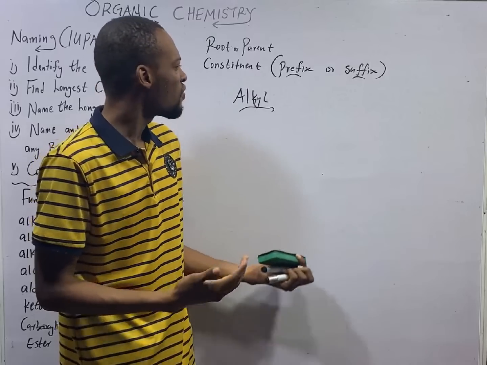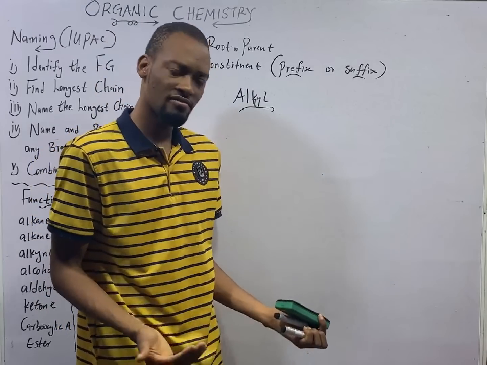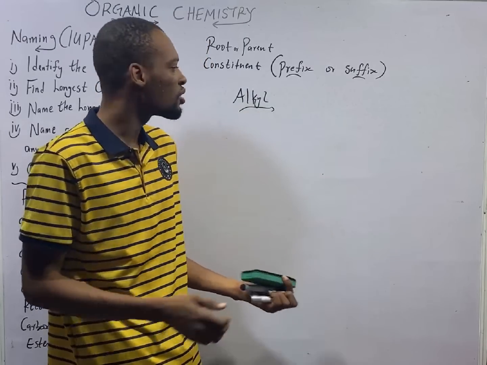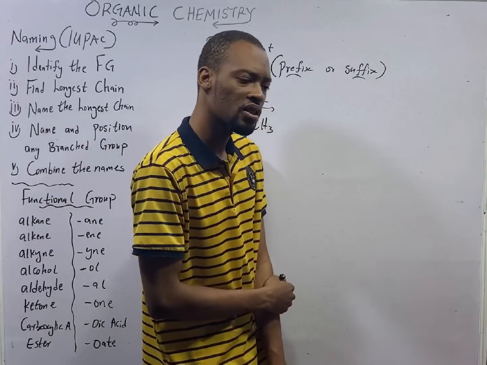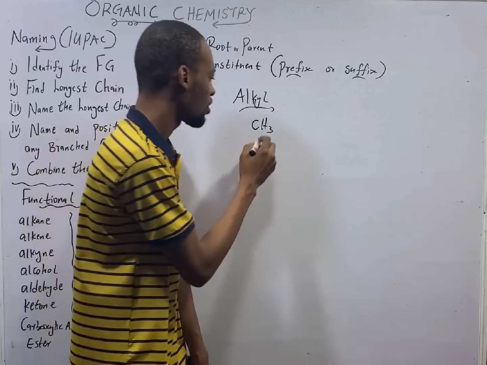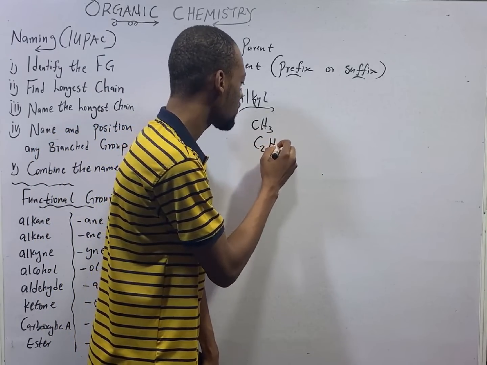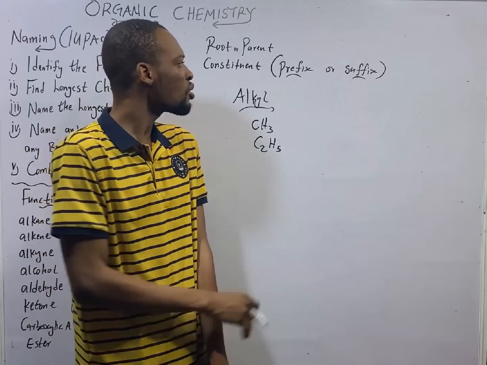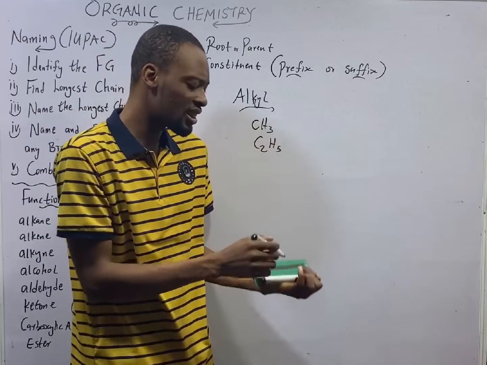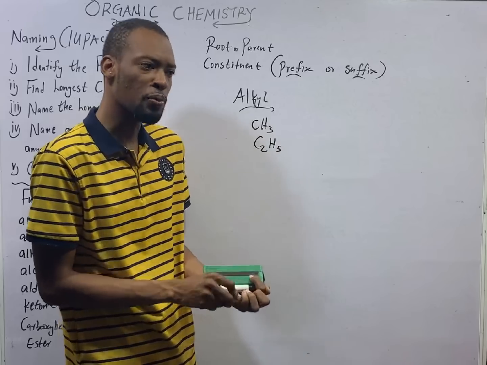If the compound has one alkyl group, just CH3, the prefix will be methyl. C2H5 will simply be ethyl. So the prefixes are generally the alkyl group.